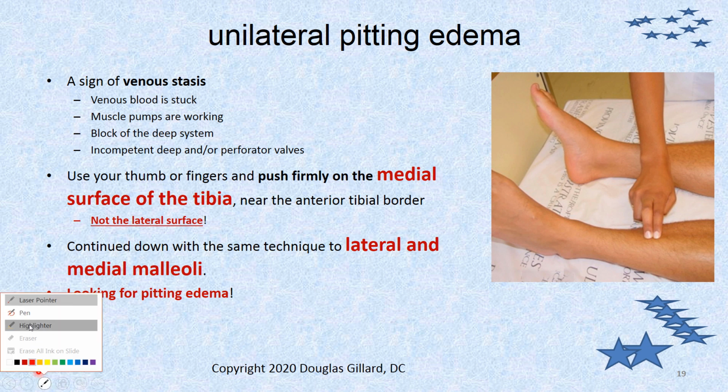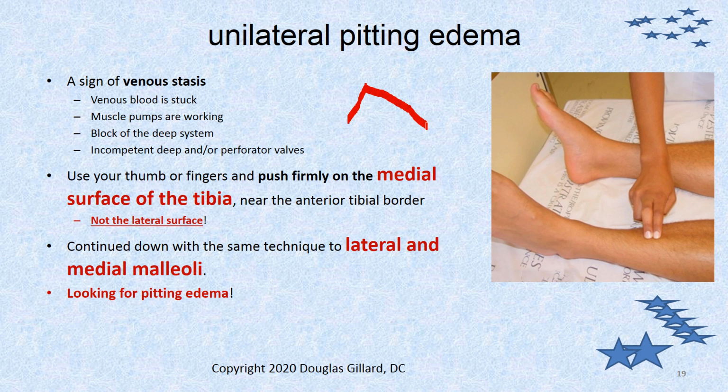Remember the tibia is shaped kind of like that. All right, this is the one that we're doing, this one right here. Oh, I like this highlighter. So that's the anterior border. But this is where you put your fingers right here. You push in here to see if you leave pits in here.